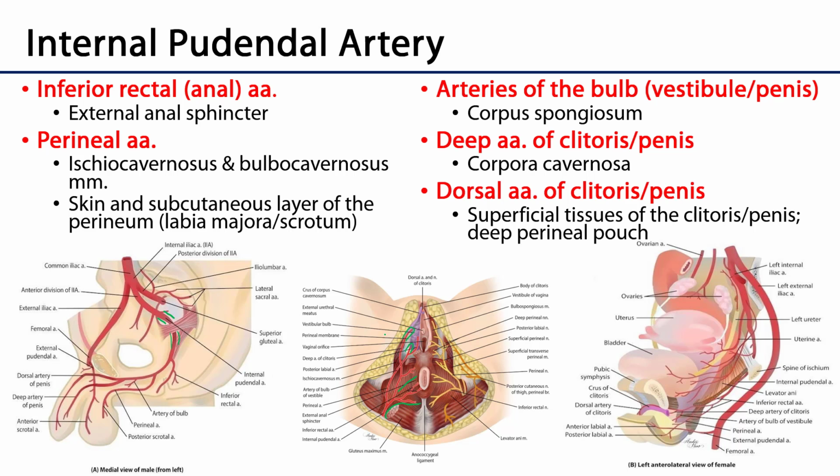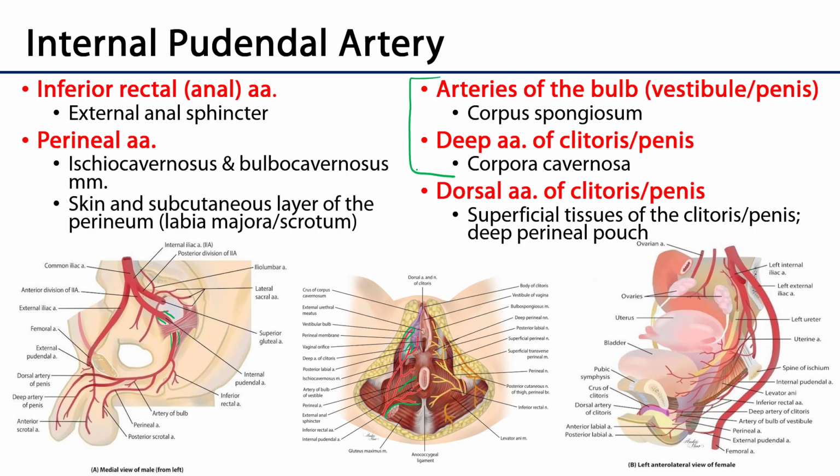So there are several branches here of the internal pudendal artery serving various entities. Specifically serving those erectile tissues, however, are the arteries of the bulb and the deep arteries of the clitoris or penis.